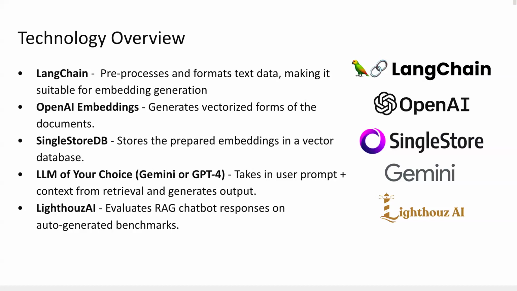These embeddings are then stored efficiently in SingleStore DB, which serves as a vector database. And for generating these responses, we'll have the option to use either Gemini or GPT-4. You can use any other language model, but in these cases, we're going to be using these two models for today's demo as our large language model.